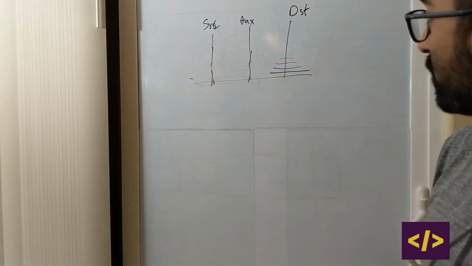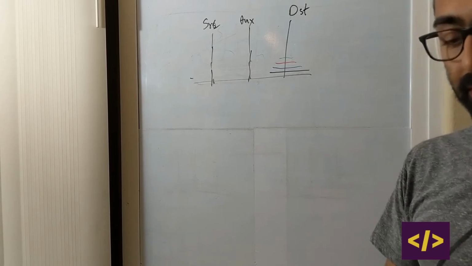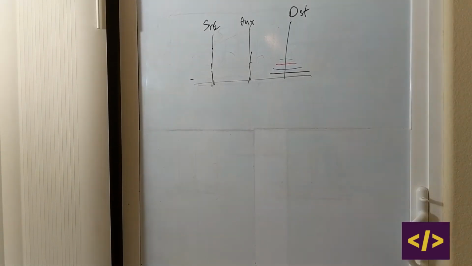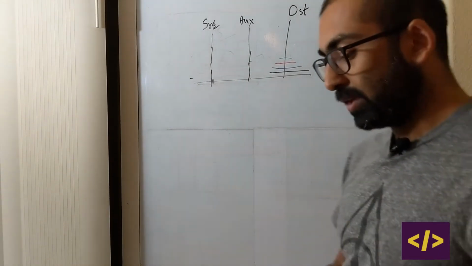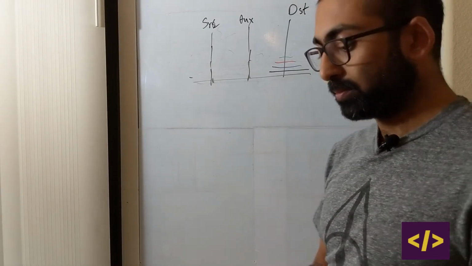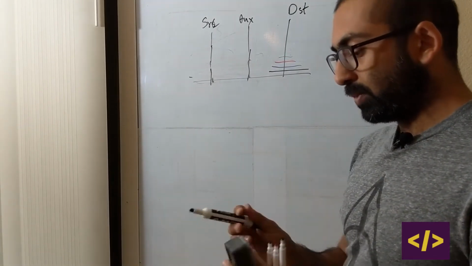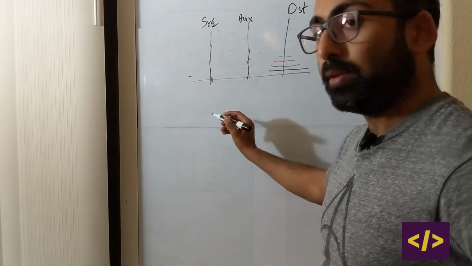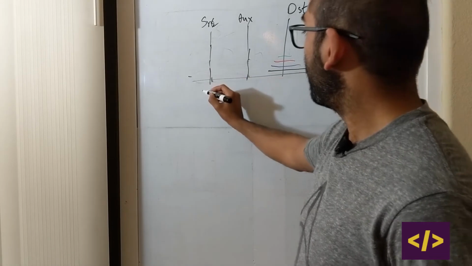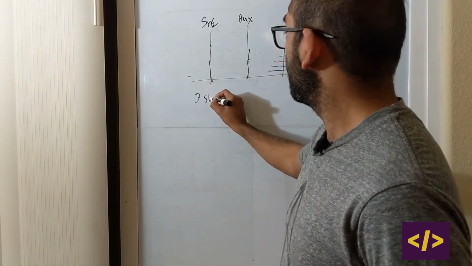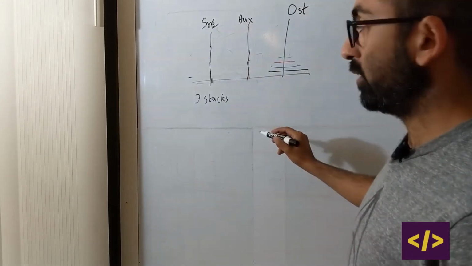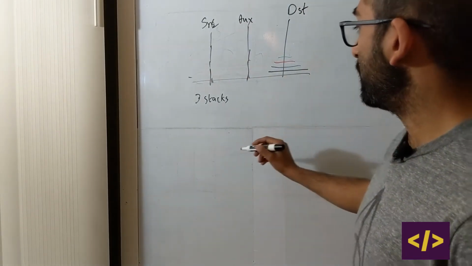That is pretty cool. Now let's look at some of the code for this problem. Okay, well, the code is very simple. What we are going to do is, we're going to have 3 stacks, 1 stack for the source, 1 stack for the auxiliary, and 1 stack for the destination.